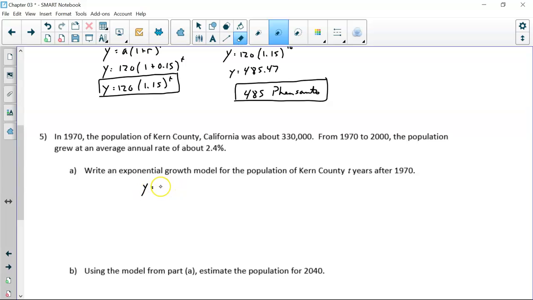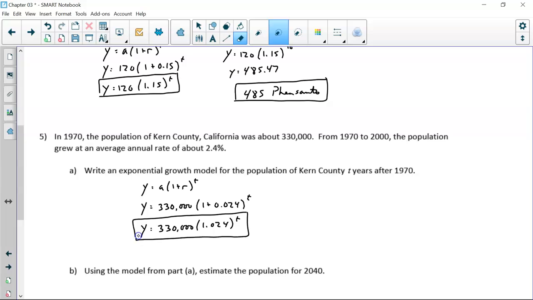Y equals A times 1 plus R to the T. So we have our initial population, which is 330,000, times 1 plus, now, 2.4% is 0.024, and then T is the number of years. So Y equals 330,000 times 1.024 to the T. There's our model.